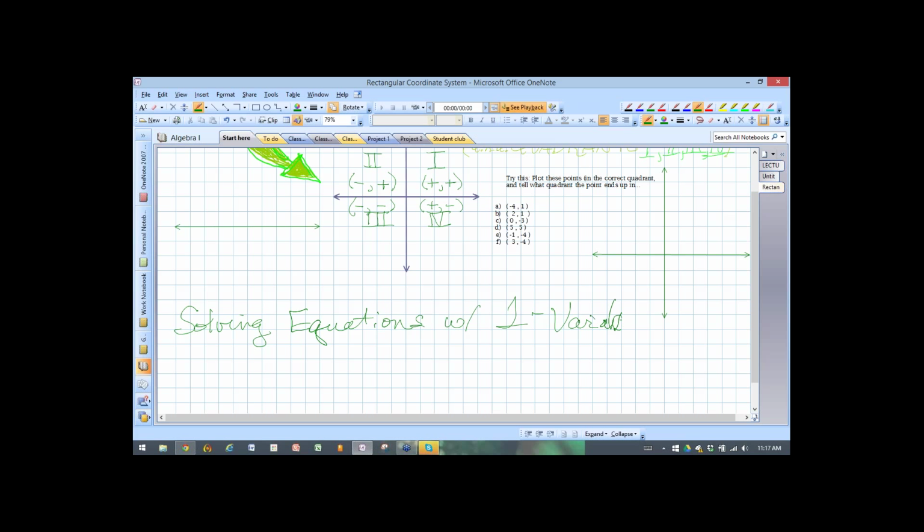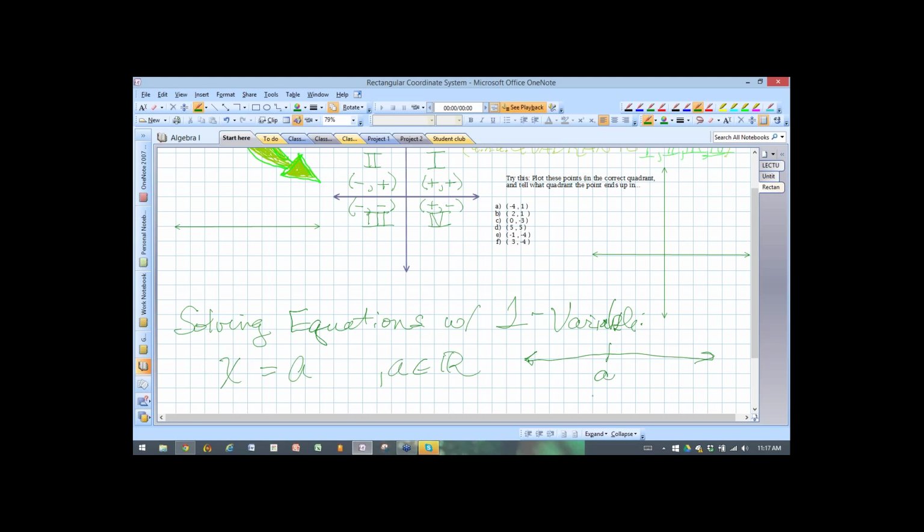And what did our solution look like? We had x equal to something, x equal to a, where a is just some real number. And the solution we could look at graphically on the number line.